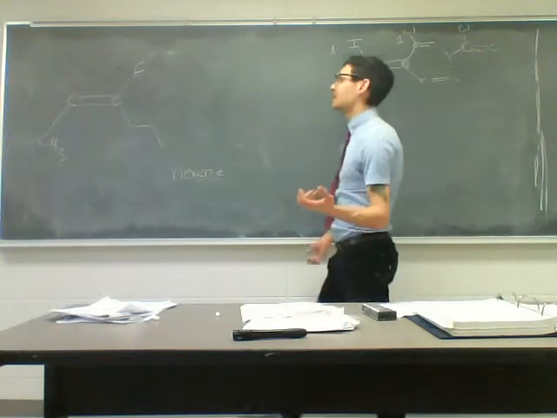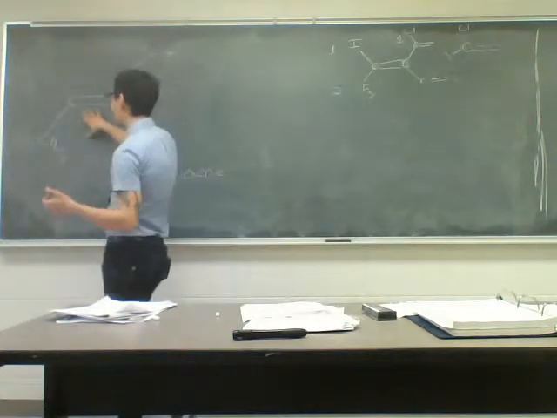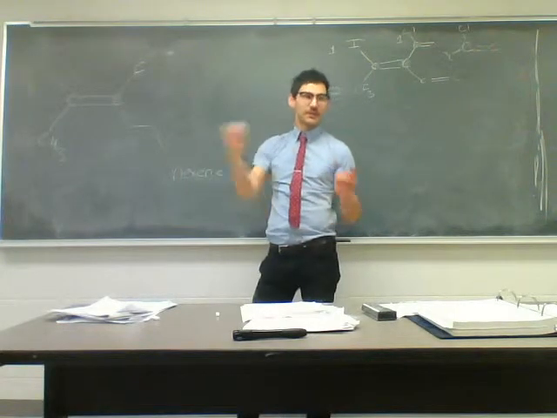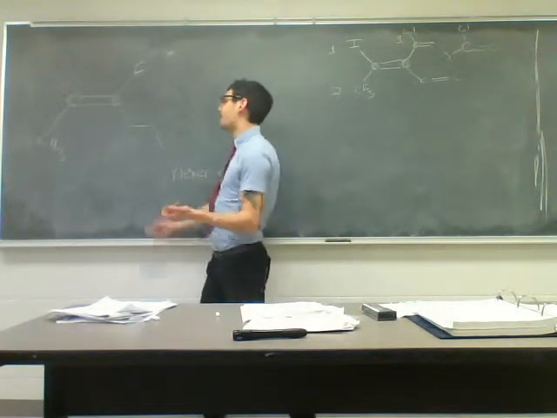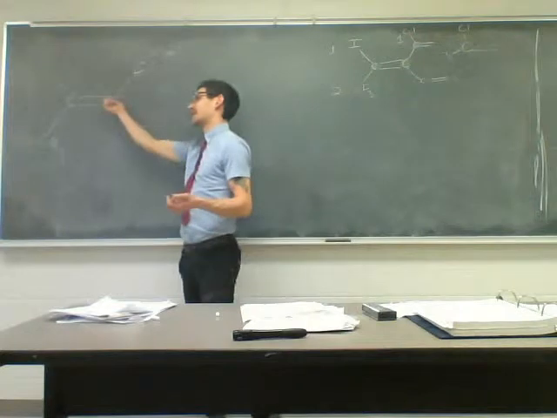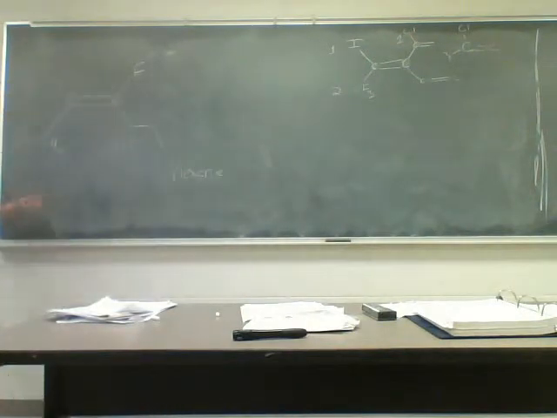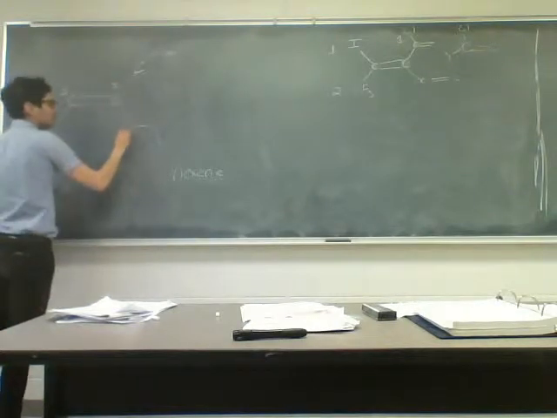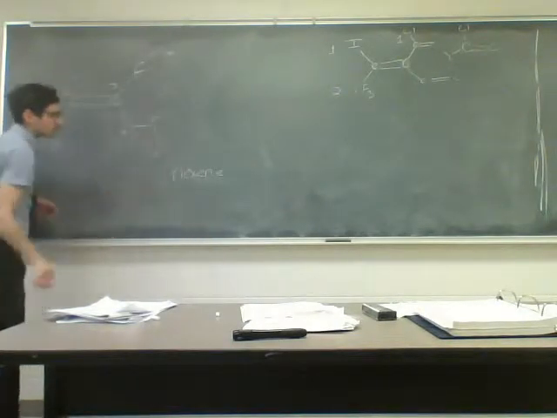So we want to number this so that our double bond is closest to our starting side. So we won't pick over here because it's a long way to the double bond versus here. So this should be our starting carbon. So we can count 1, 2 instead of 1, 2, 3, 4. So 1, 2, 3, 4, 5, 6.